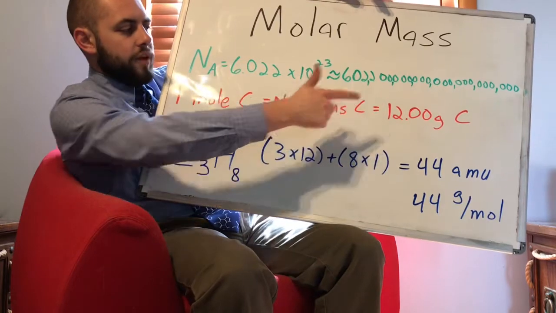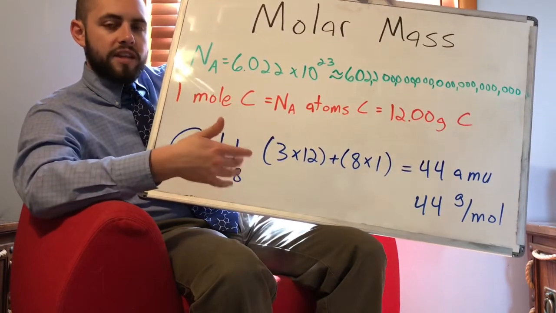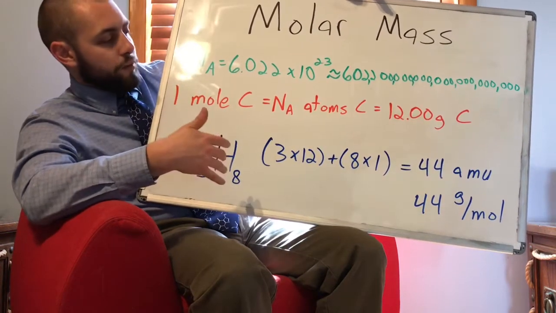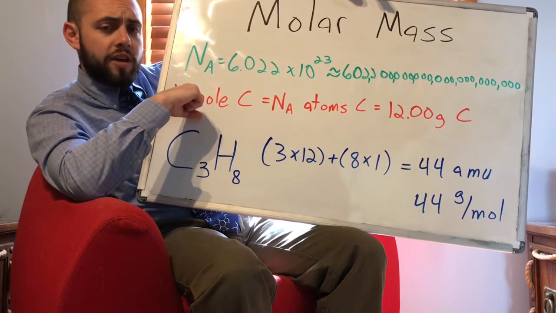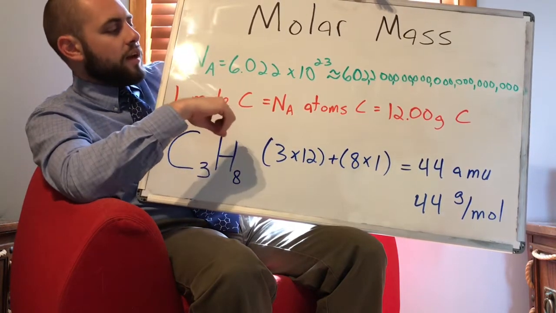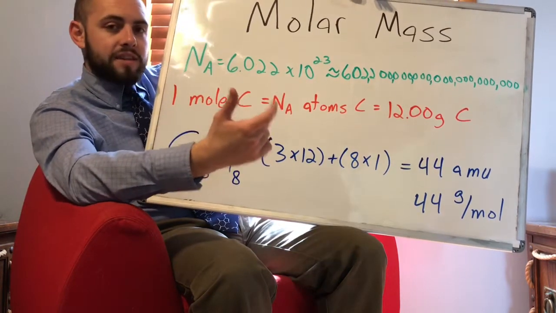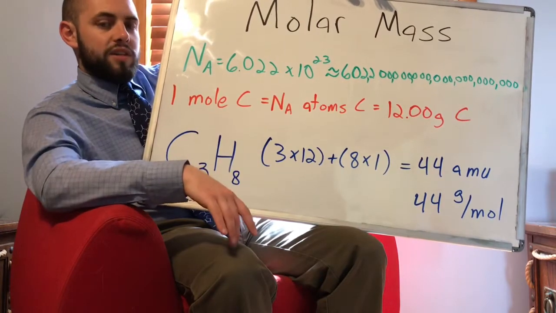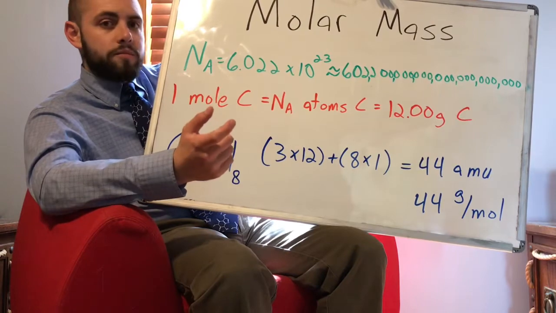12 for carbon. It's the same number that we're going to find on the periodic table for the atomic mass, or the average atomic mass of carbon. This is another way that we can use the periodic table. It's very helpful for us. The average atomic mass that's on the periodic table, that is measured in atomic mass units, which are very small units used to measure the mass of atoms.